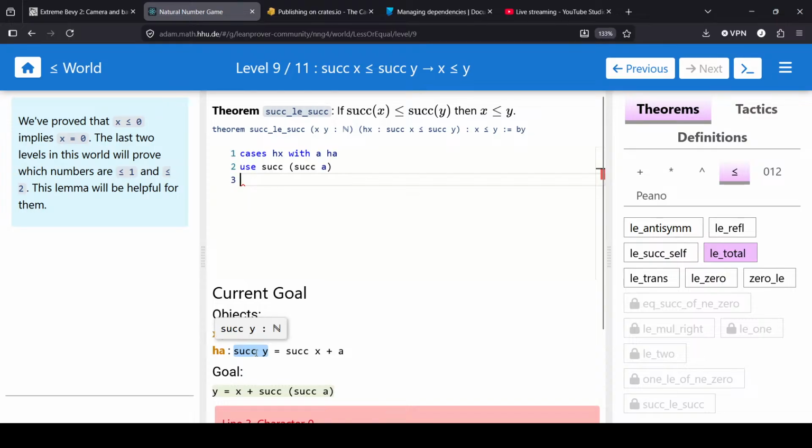I don't like that this is on this side. Is there a way I can move a successor to the other side?